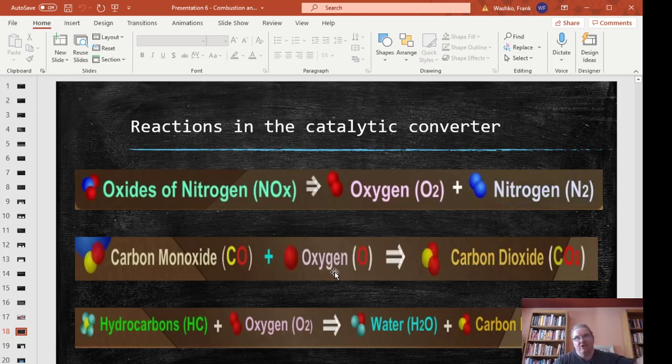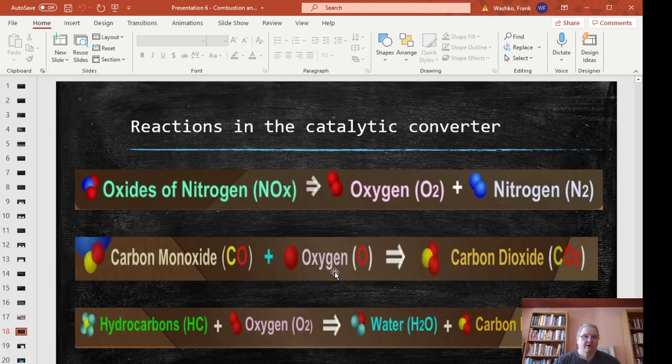So any small amount of CO that's left over will react in the presence of oxygen, and by the time it goes to the tailpipe, turn into CO2, which is not harmful like CO is. Not harmful from a human standpoint, but nowadays it is considered harmful from a greenhouse gas standpoint. But this used to be considered a big win that we're not getting any CO out anymore.